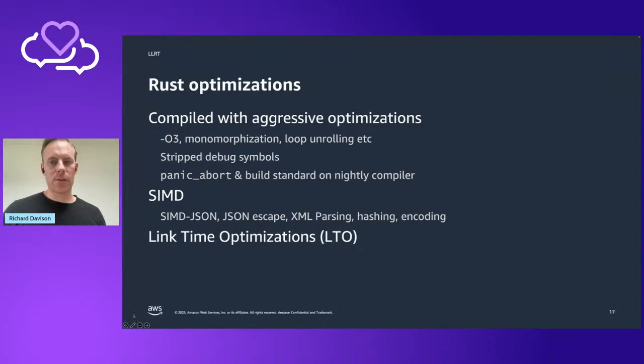And finally, we also do link time optimizations. So LTO is another setting that you can apply when compiling Rust that further optimizes the code at link time, removing unused code and doing some more heavy optimizations. We compile Rust and target musl. So musl is an alternative libc.